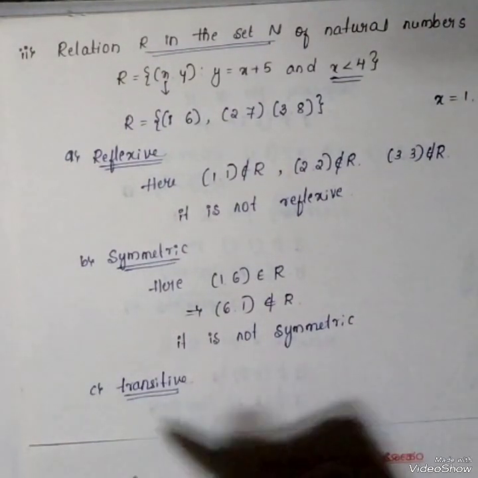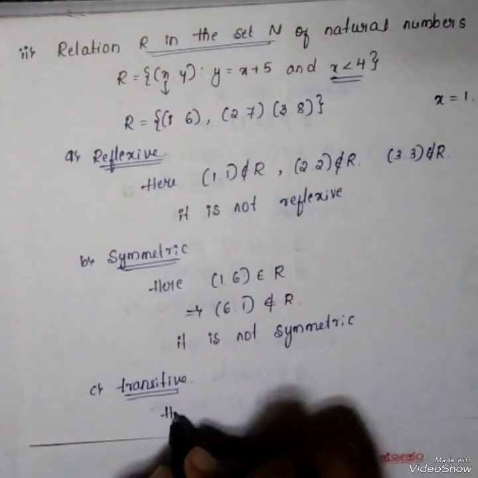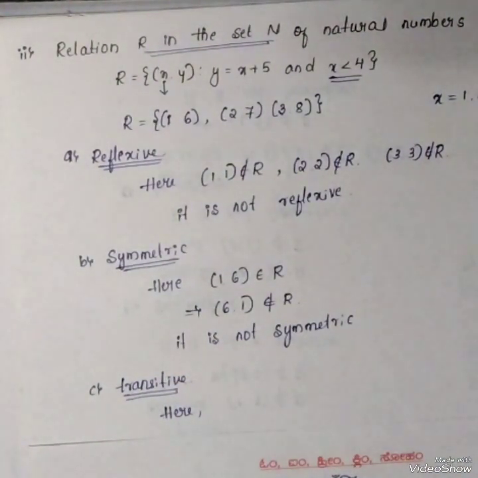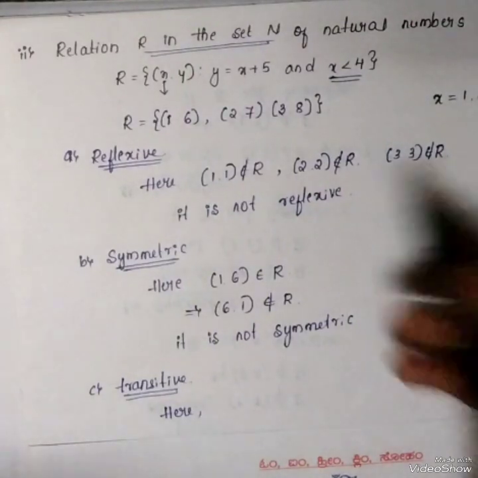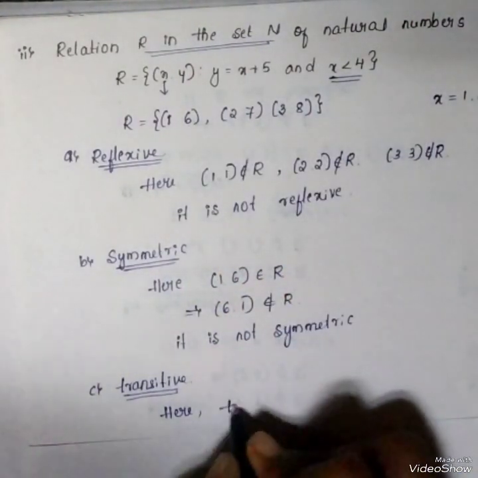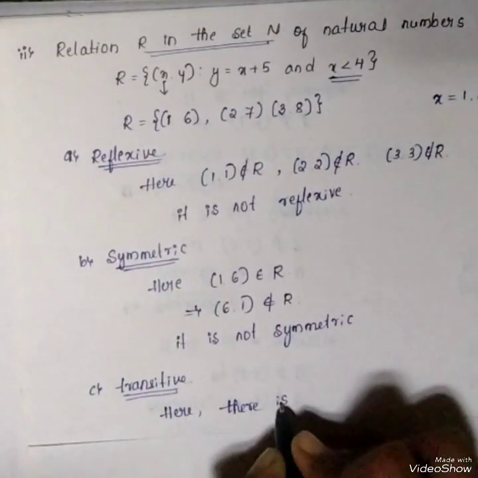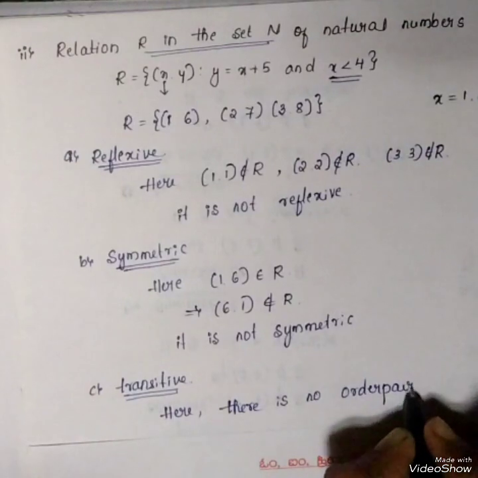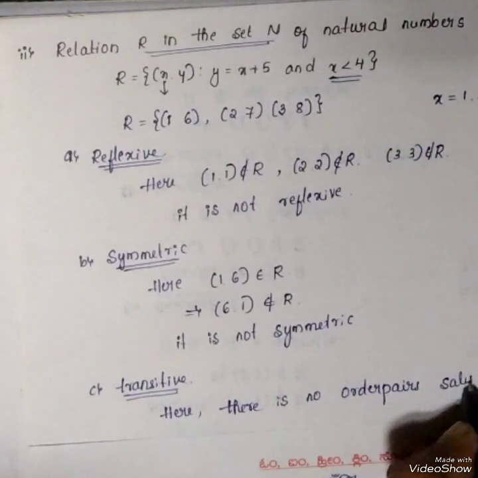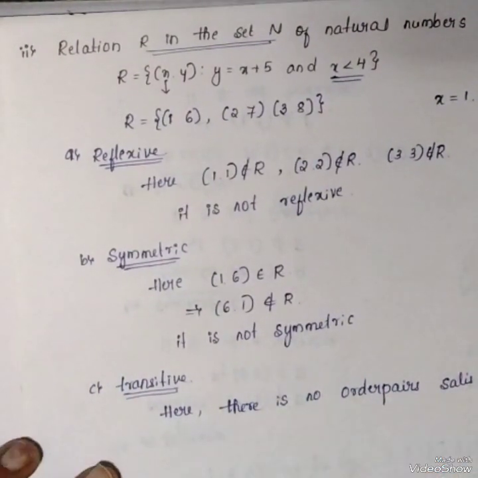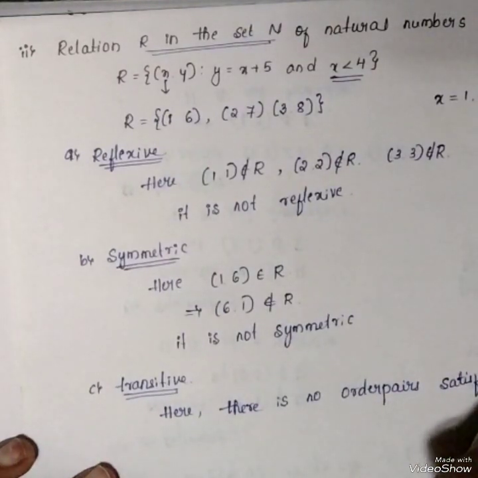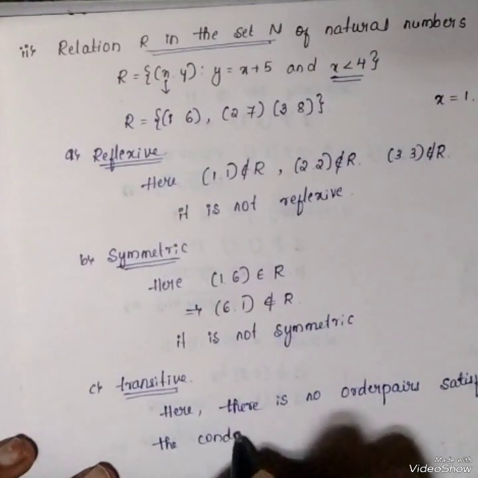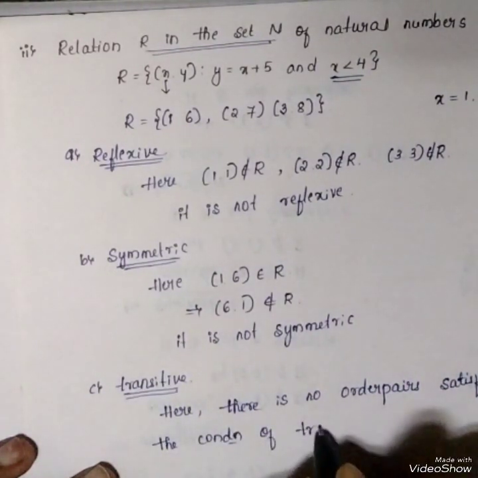Here, there are no ordered pairs that satisfy the condition of transitivity.